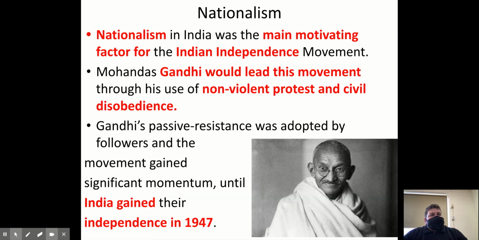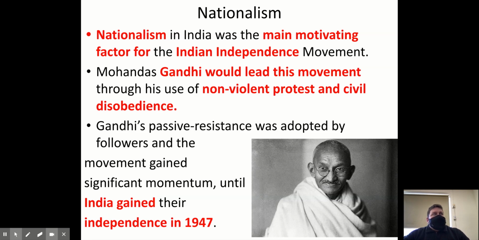So the leader of this nationalist independence movement in India is going to be this guy, Mohandas Gandhi. This is a nationalist issue because the people of India, with Gandhi as their spiritual leader, are sick and tired of having other countries determine their fate. They are tired of being controlled by other countries, and they would like to determine their own future without being controlled by foreign superpowers. So that's why this is a nationalist movement.